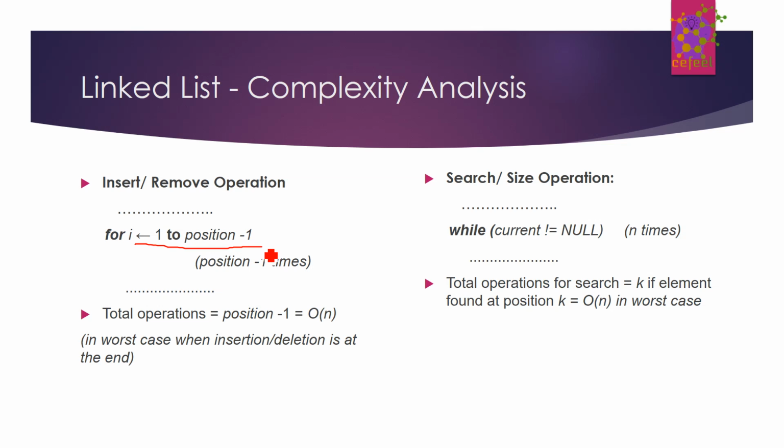We'll assume that we are in the worst case, and hence it is n times. So total operations for search is k if the element was found, otherwise it's order n in the worst case. Similarly, total operations for size is order n, because we need to traverse through the entire list to get the size anyway. So all these operations, insert, remove, search, size, are order n.